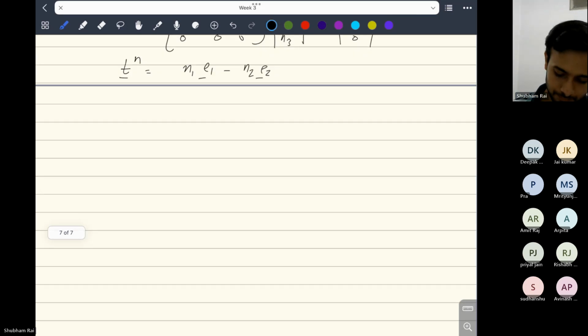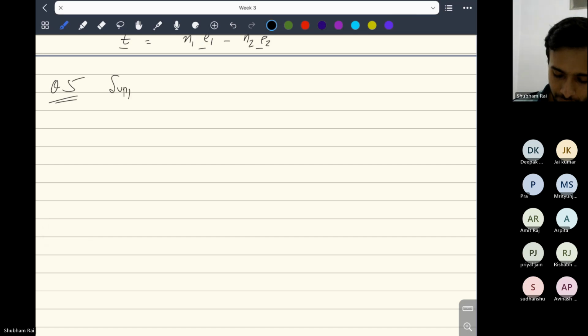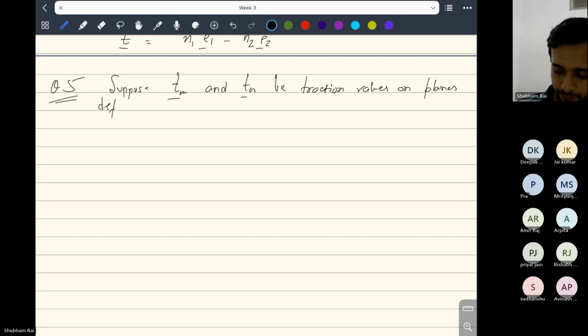Let's go to the next question. Question number 5 says, let's suppose, this is a good question, let's suppose Tm and Tn be traction values on planes defined by the unit vectors m and n respectively.